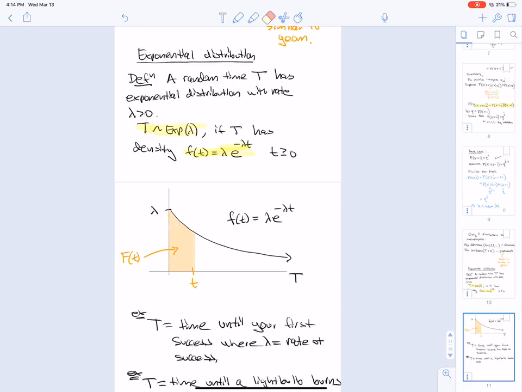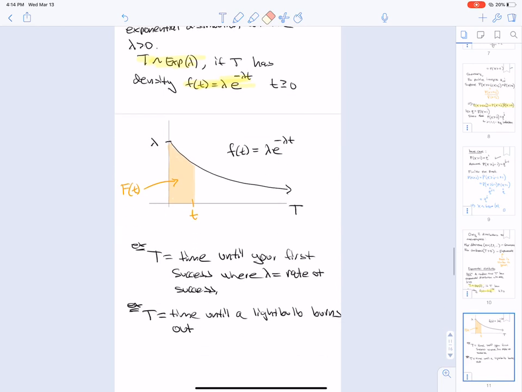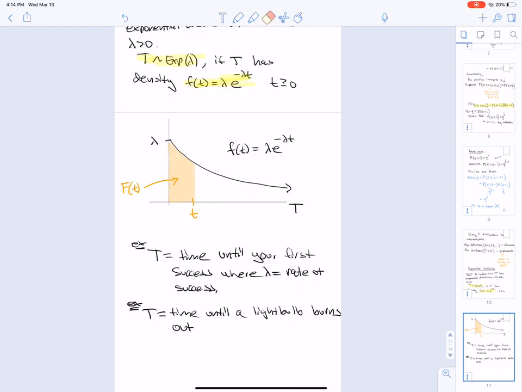T is exponential if T has density f(t) = lambda e to the minus lambda t for t greater than or equal to 0. It has this graph here. So T, for example, is the time till your first success, where lambda is the rate of success, or T is the time until a light bulb burns out.